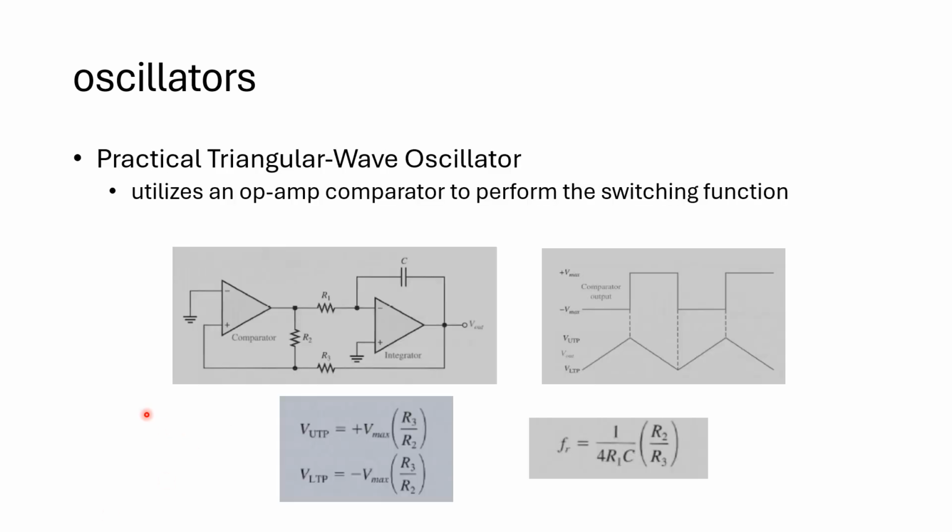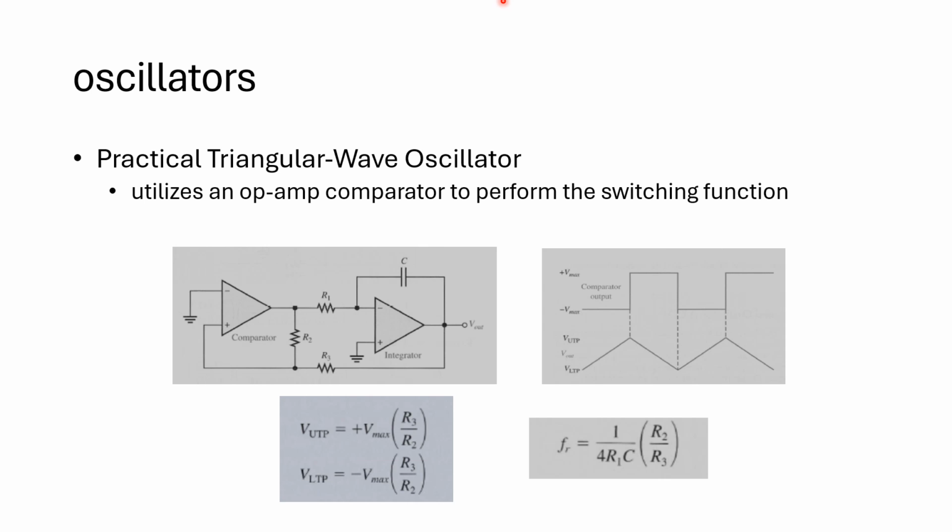Okay, so we have a practical triangular wave oscillator. This utilizes an op-amp comparator. We have already discussed comparator before to perform the switching function.